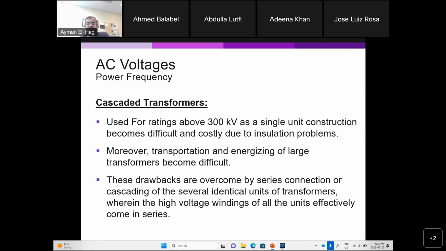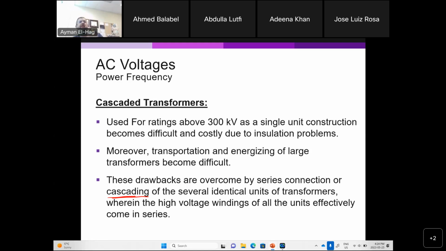Basically, we use a series connection, or what we call a cascading transformer. So we cascade transformers in series. Each transformer will have, let's say, a certain voltage, say 200 kilovolt. We connect the high voltages of those transformers in series, then you add the voltages.